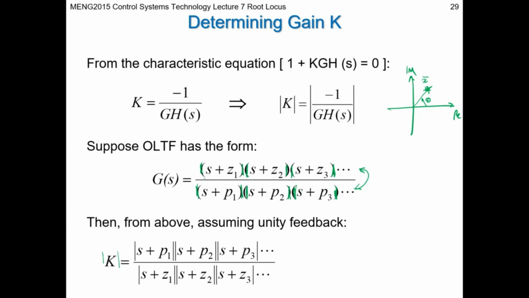What we're doing is taking the magnitude of each of the zeros and the magnitude of each of the poles and multiplying them up to get the value of k. For all the poles, take the magnitude of each one by one and multiply them together. For all the zeros, take the magnitude of each and multiply them together. But we're taking the magnitude from some location s.